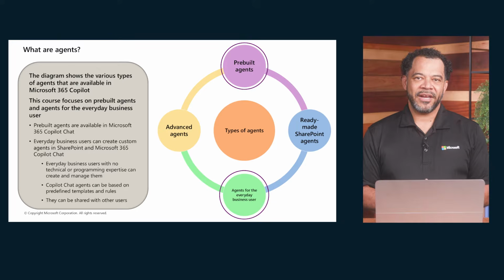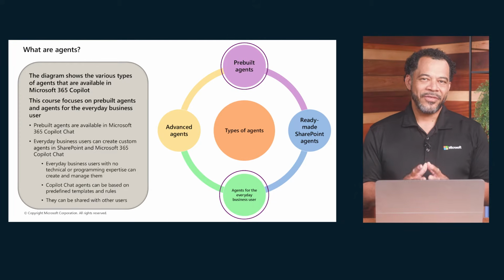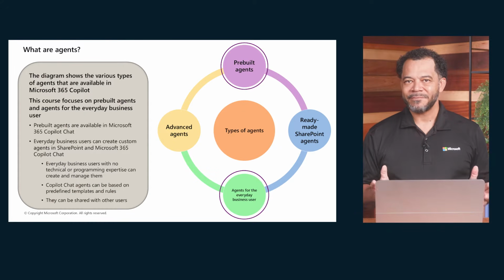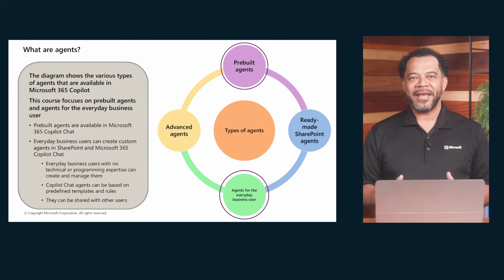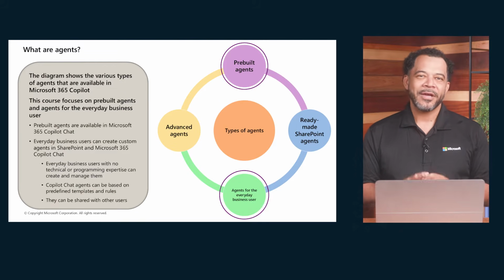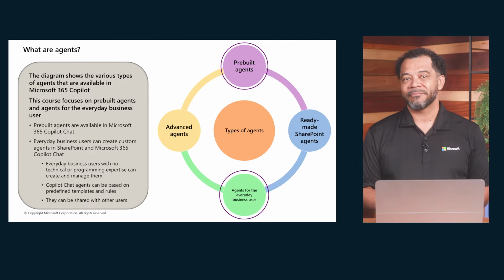But what's really exciting is the category of agents designed for everyday business users. These are the ones you can create yourself, no coding required. Whether you're in HR, finance, or operations, you can build agents in SharePoint and Copilot Chat using simple templates and rules. They're designed to be intuitive and user-friendly, offering personalized assistance based on the content you choose.